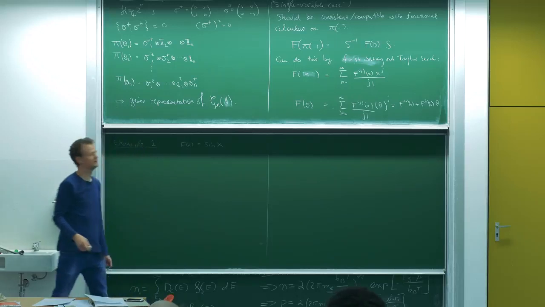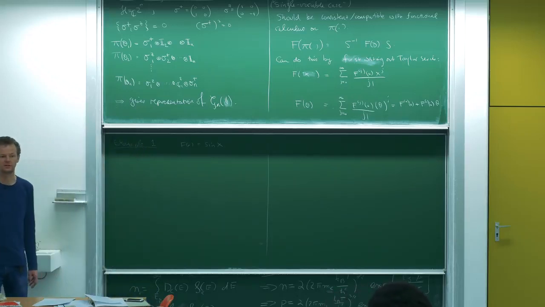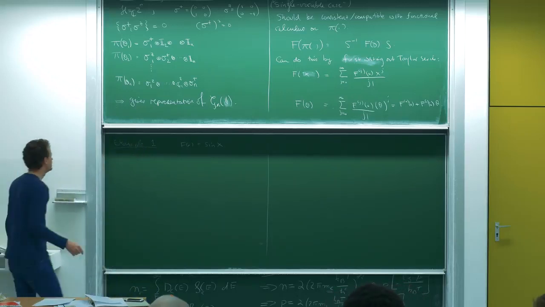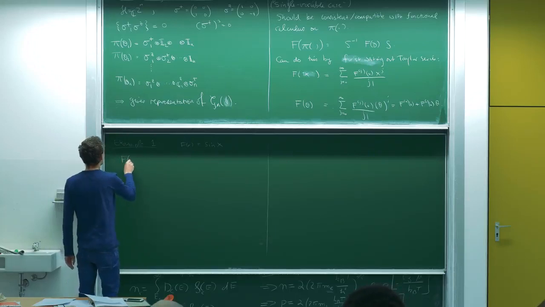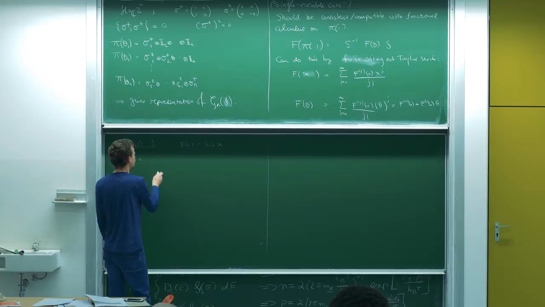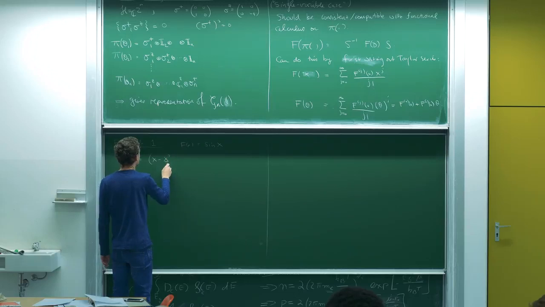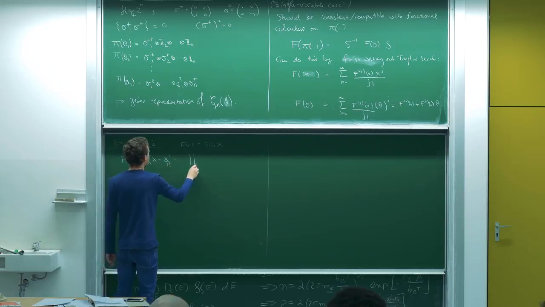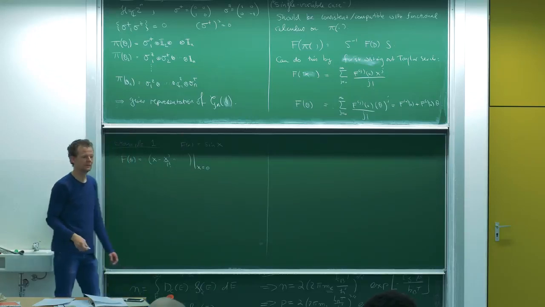Let's do a kind of interesting example. Let's take the function sine of x. So what is f of theta? Well, we use the Taylor series for sine of x, and the Taylor series is x minus x cubed on 3 factorial, and so on. And then we substitute in place of x theta.